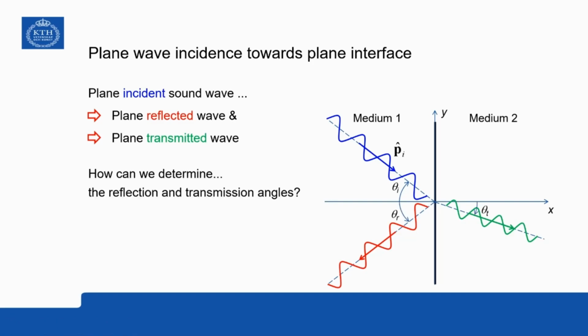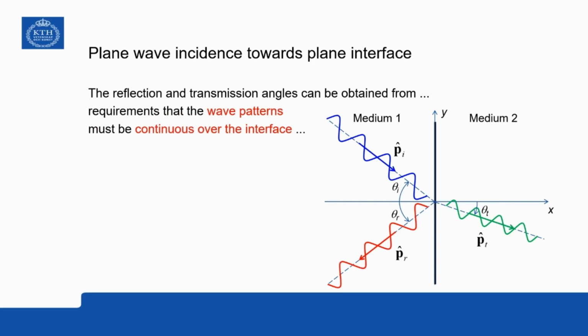So how can we determine the reflection and transmission angles? So let's start with that. Theta R and theta T. And also the amplitudes. But let's start with the angles.